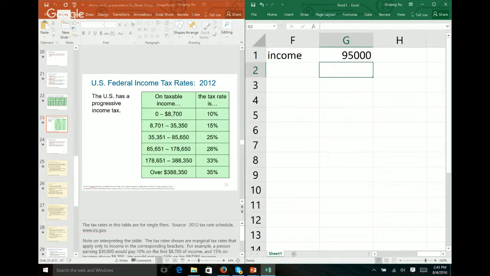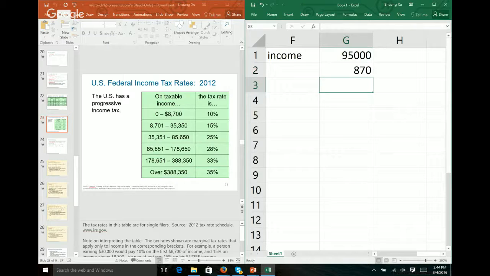Okay, so let's try this by ourselves. First, for your first $8,700 of income, you're going to pay a flat 10% rate. So let's do this. For the first level, from 8,700 to $0, we're going to pay a 10% income tax.